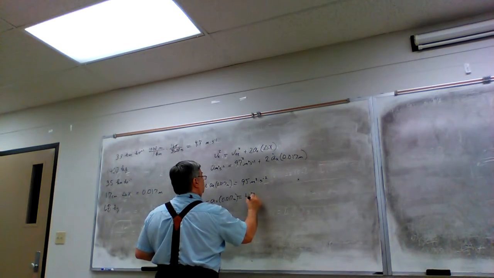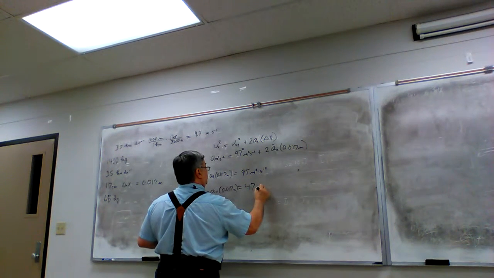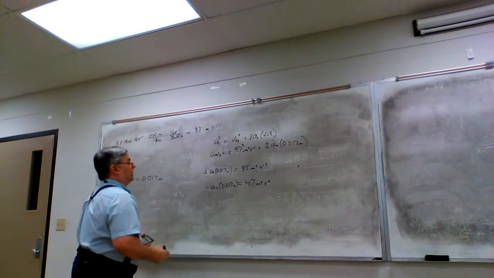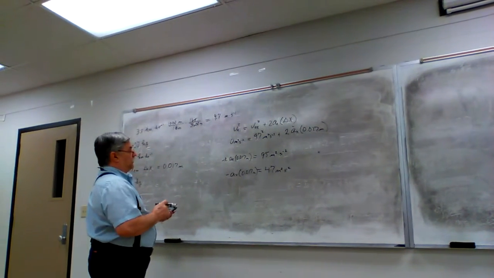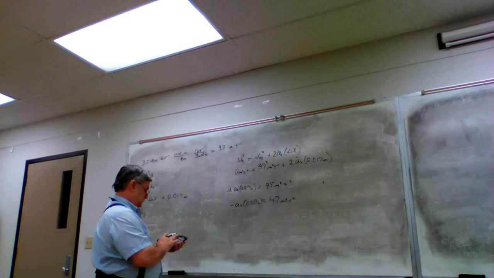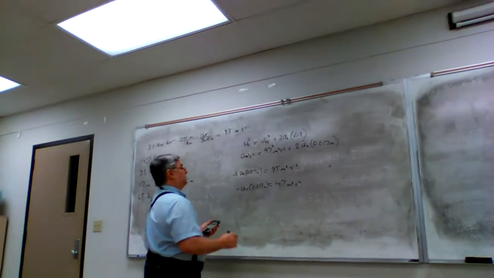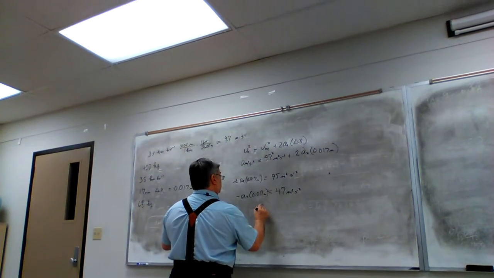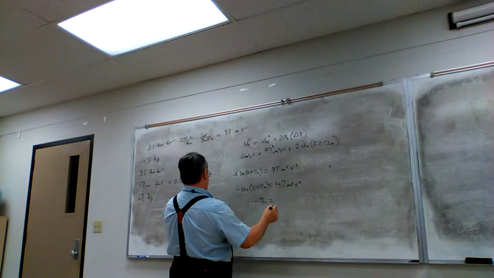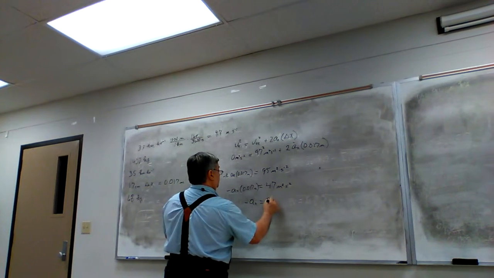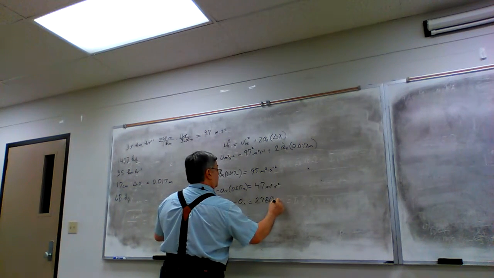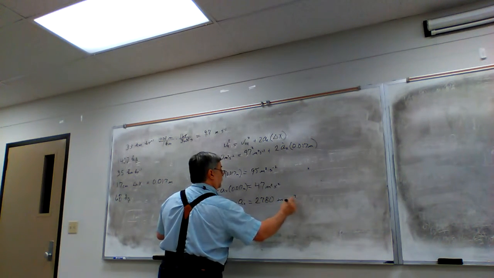So 47 meters squared per second squared, which we can divide by 0.017 to give us an acceleration of 2,780 meters per second squared.